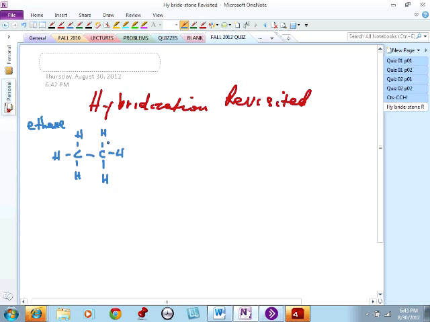Sigma bonds. Okay, all of these are sigma bonds. Sigma bonds are single bonds, in which you have what we call an edge-to-edge overlap of atomic orbitals in order to form the single bonds.